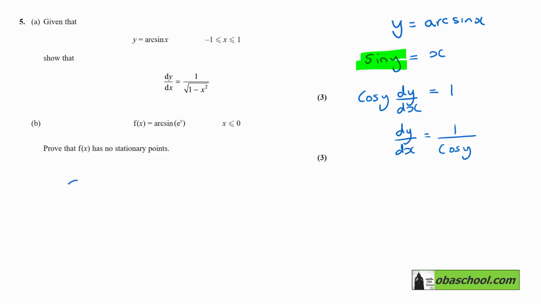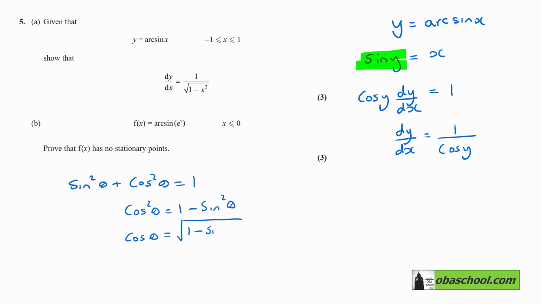Now remember that sine squared theta plus cos squared theta is equal to 1. So cos squared theta is equal to 1 minus sine squared theta. And cos theta will then be the square root of 1 minus sine squared theta.